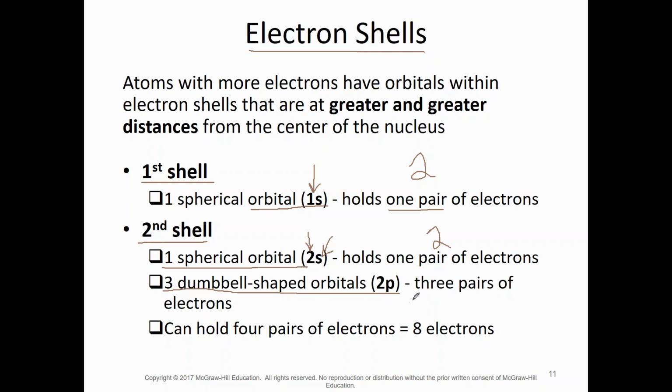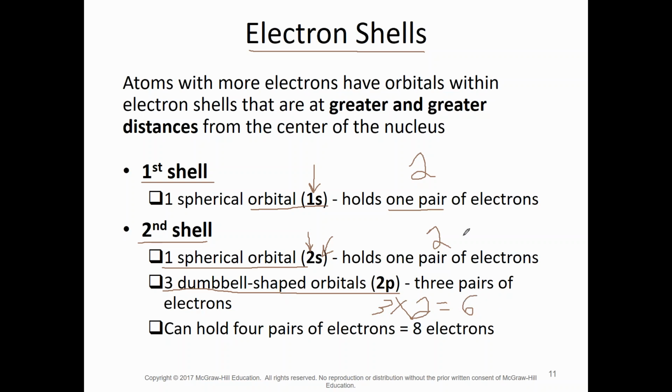And each of those orbitals holds how many electrons? You guys remember? Each orbital holds 2 electrons, and there are 3 of them. So 3 times 2, as you know, is 6. And so there are 6 total electrons there in the 2p orbitals.